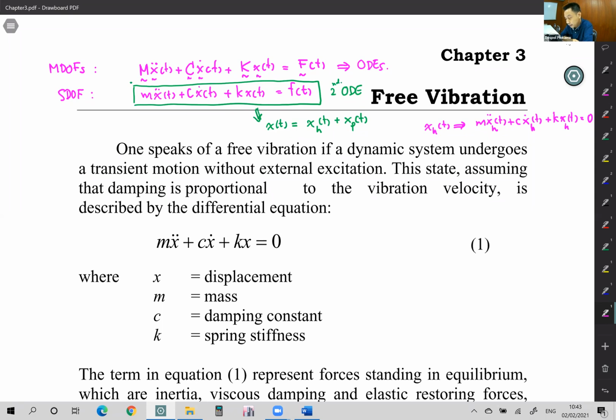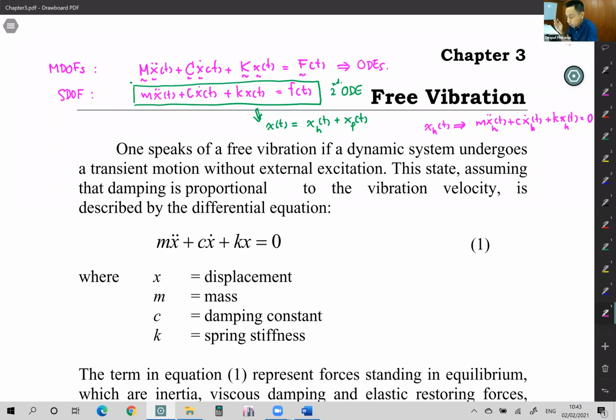But in our case, when I assume there's no force acting on the building system, this is the physical phenomenon called free vibration. When the wind blows or the earthquake excites your building, it starts to shake.